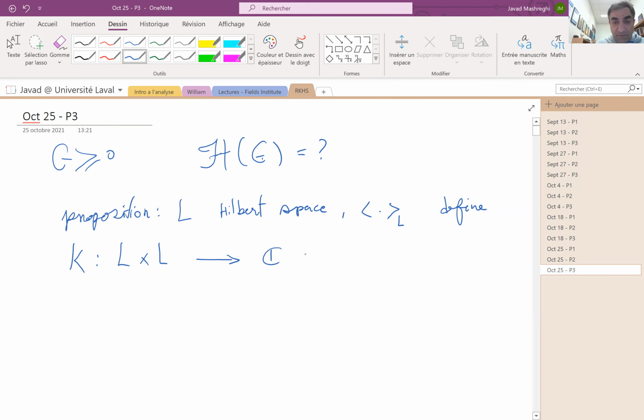Define K by the formula K of X and Y, two elements of L, defined to be the inner product of X and Y in L.